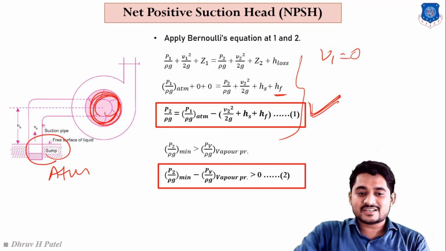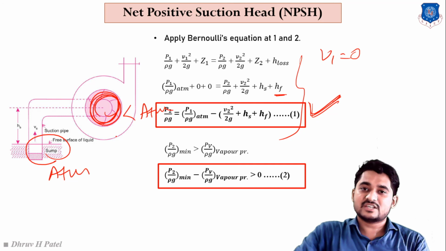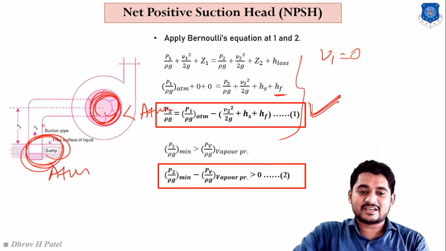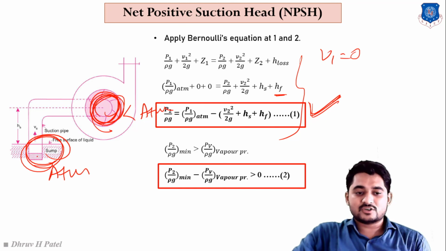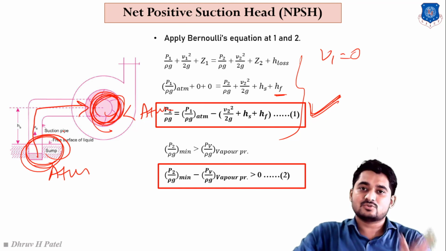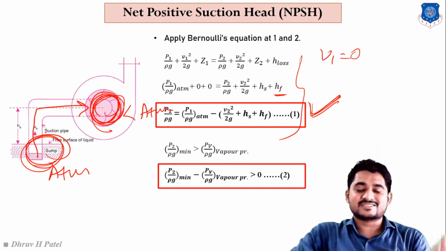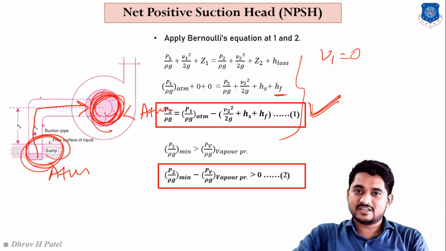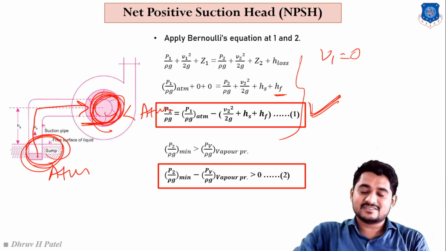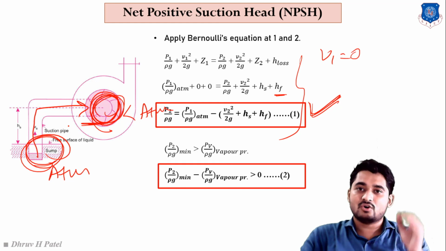Suppose this pressure is lower than atmosphere pressure. Clear? Then only do we obtain a higher pressure here and a lower pressure there. Water always flows from higher pressure to lower pressure, so we can obtain suction from the outer side.